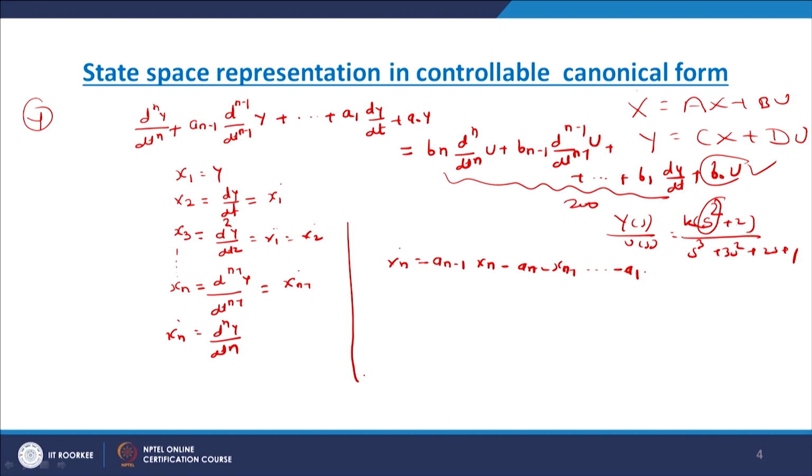So, dy by dt equals x2, and minus a0 into y, y is x1, and this part we have kept 0, and now we write b0 into u.